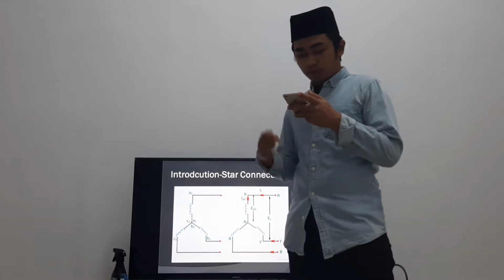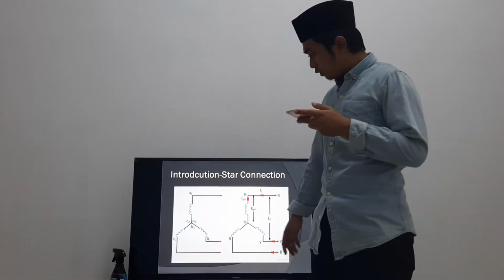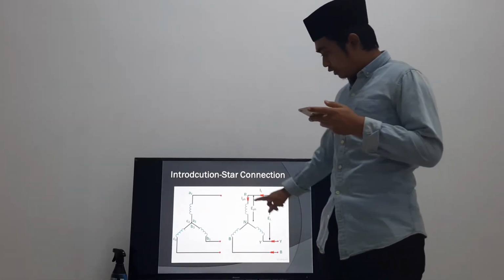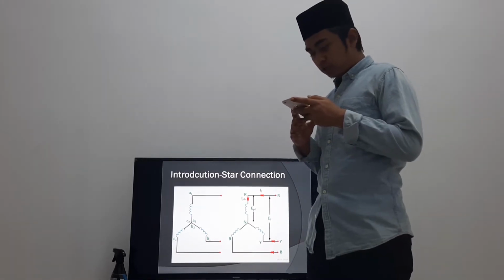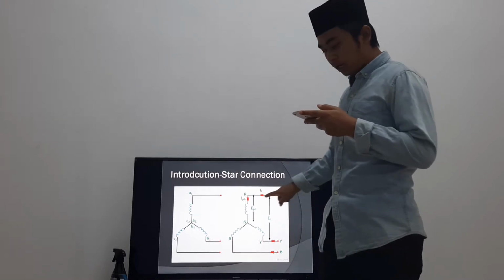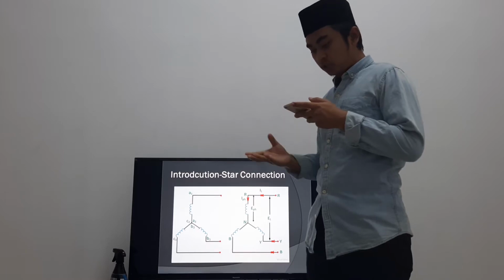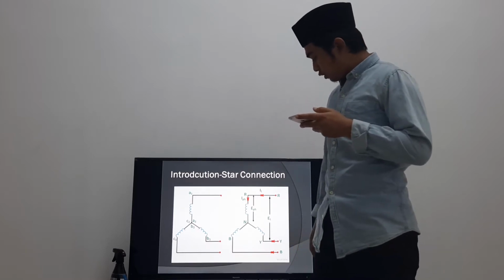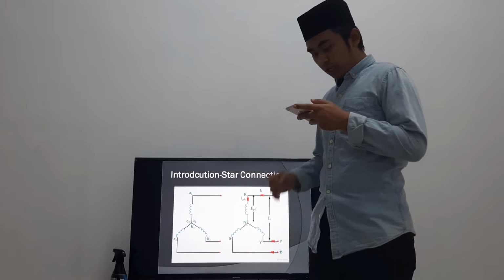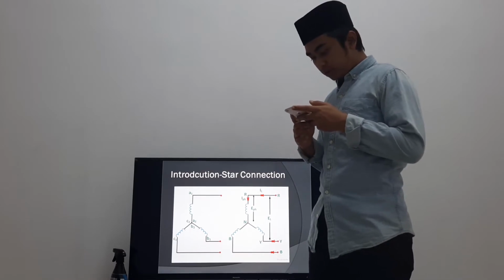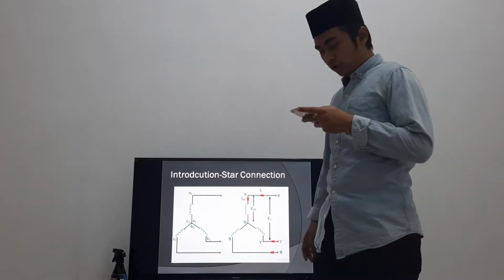The current flowing through each phase is called phase current, I phase, and the current flowing through each line conductor is called line current, I line. The voltage across each phase is called phase voltage, and the voltage across two lines is line voltage. Okay, next.